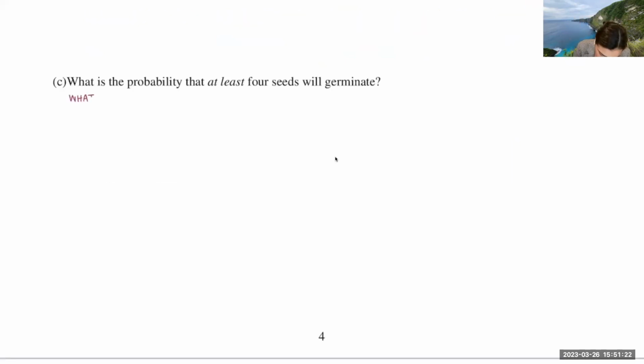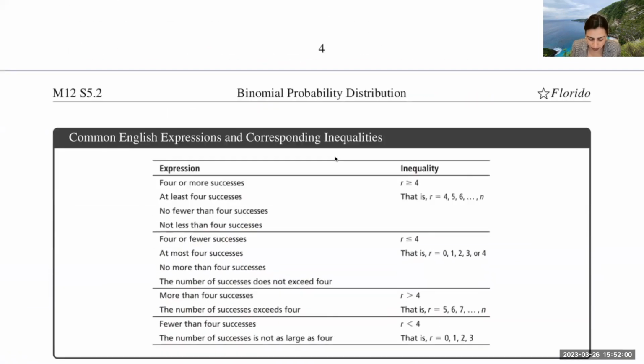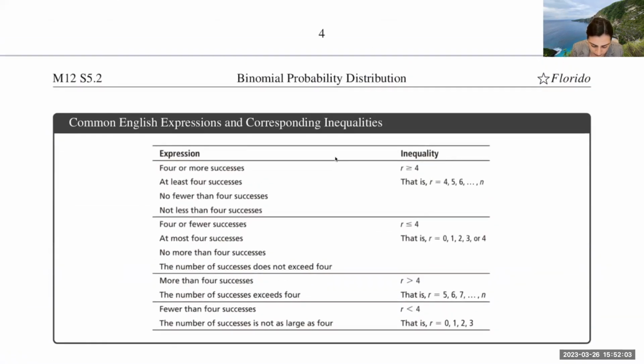What is the probability that 4 or more seeds will germinate? I actually did add a little table on the next page. For example, if you're asked to find at least 4, that's the same thing as 4 or more.